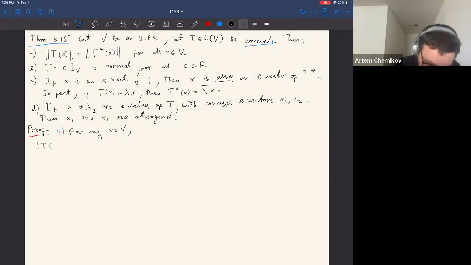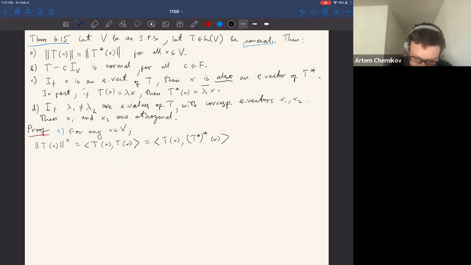Let's look at the norm of T of x. We know that the square of the norm, by definition, is the inner product of T of x with itself, because the norm is defined as the square root of the inner product of a vector with itself. But now this can be written as T of x inner product with T star star of x.